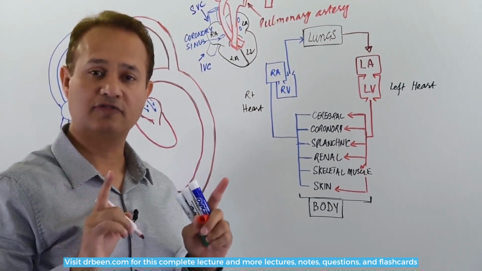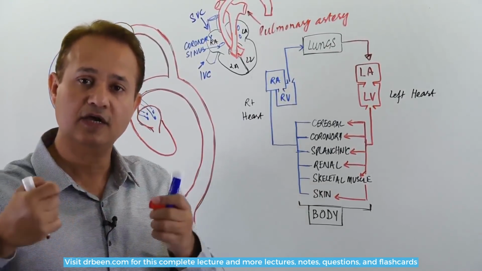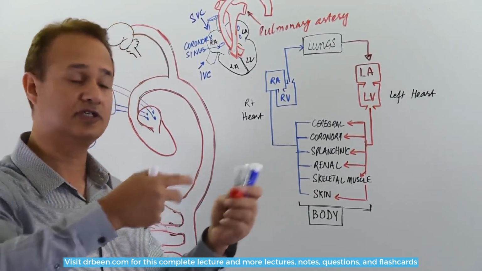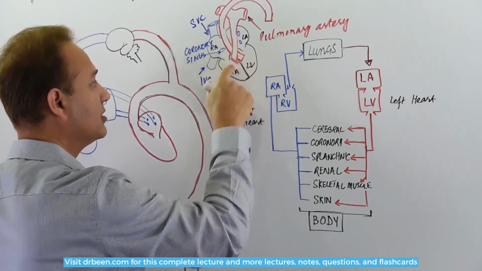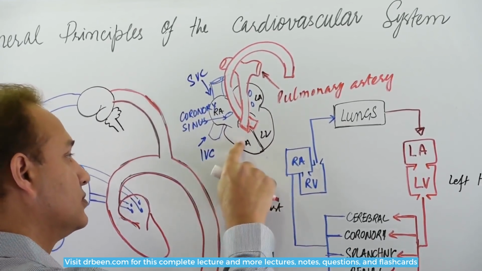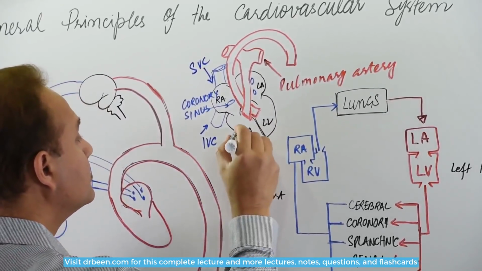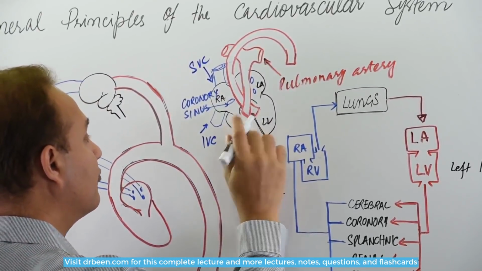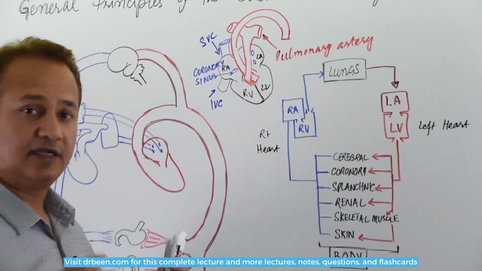Arteries are all the vessels that bring blood out of the heart, from the heart outside towards the tissue. So this is the pulmonary artery that would bring the blood out from the right ventricle. Okay, so that is the pulmonary artery, that is the right side.